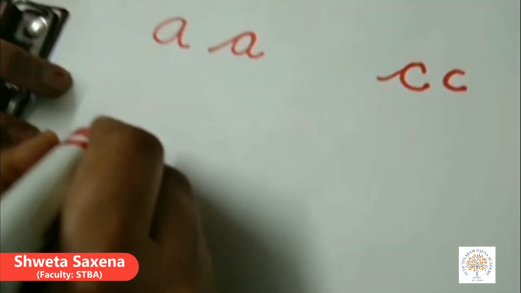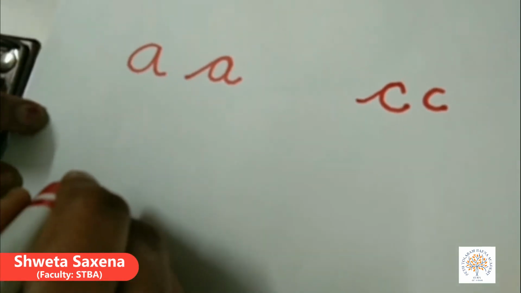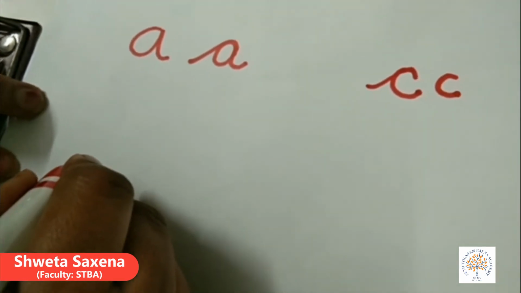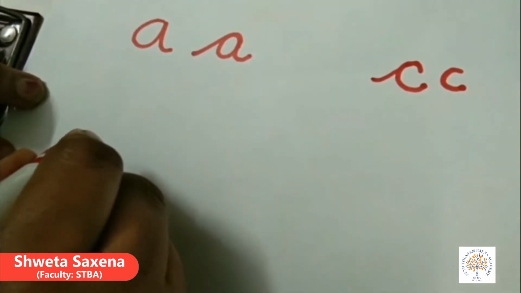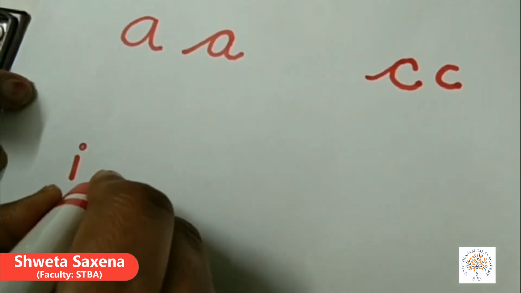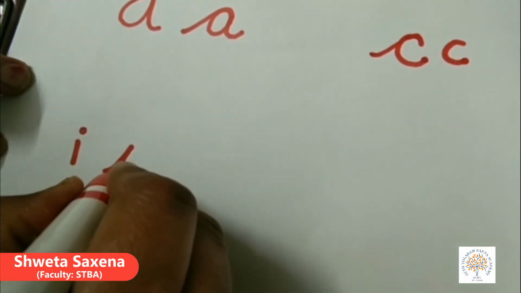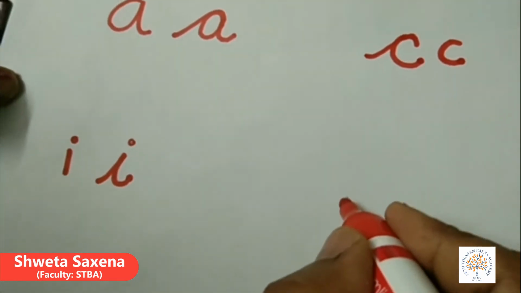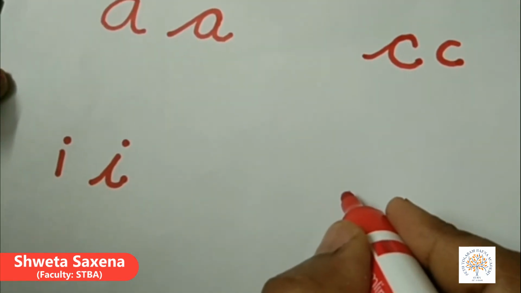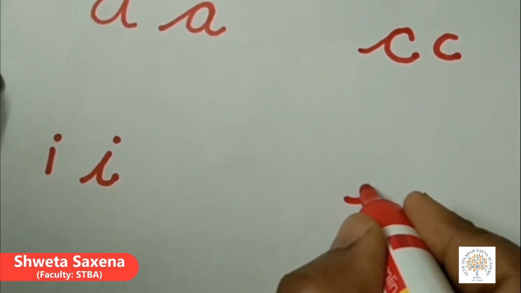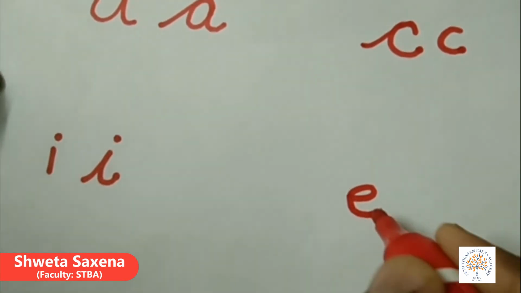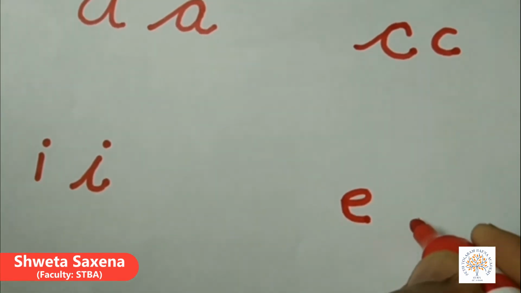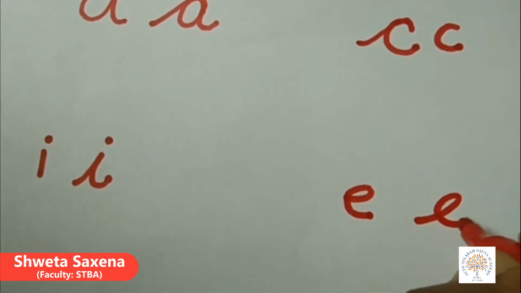Now I. Small I like this and cursive I this. Now E. Small e we make like this and cursive e like this.